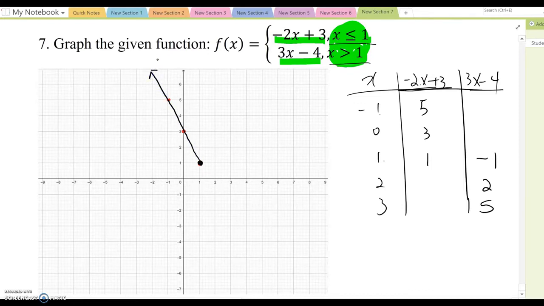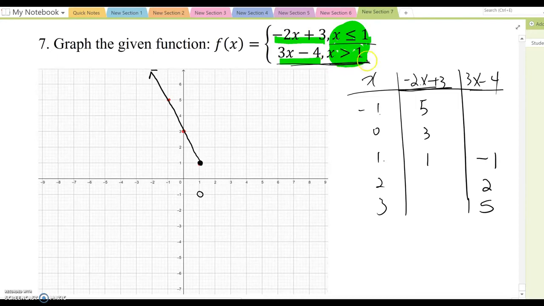Okay, and then from 1 to the right side we are following this graph here, so you're plugging 1 and negative 1, but this time you must open this circle here because this function doesn't have a real value at x equal to 1.